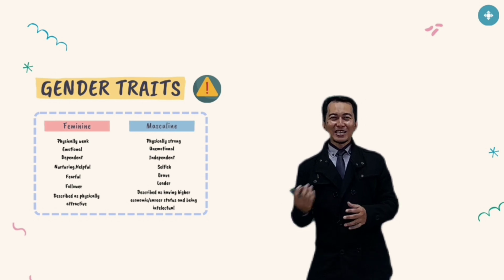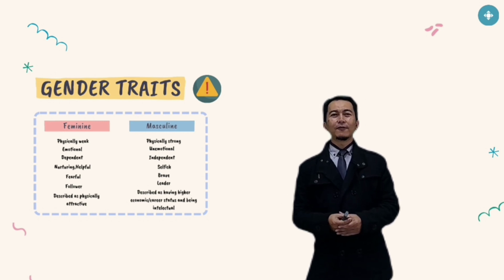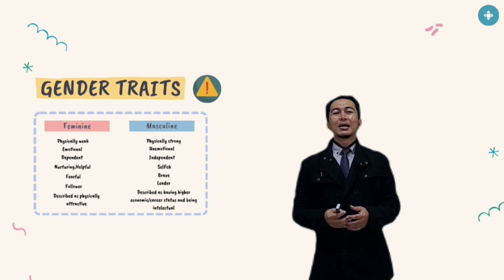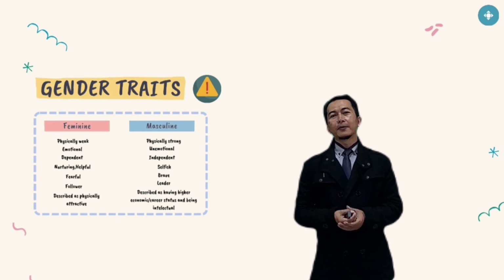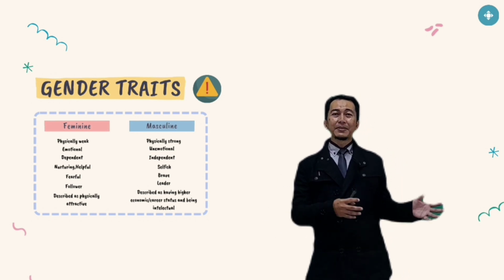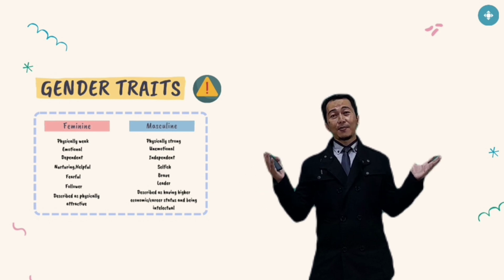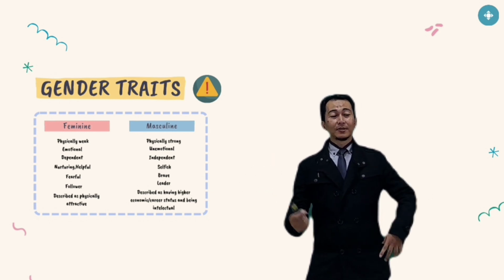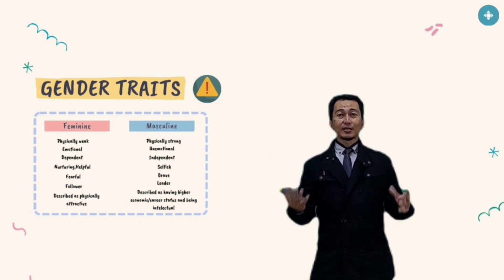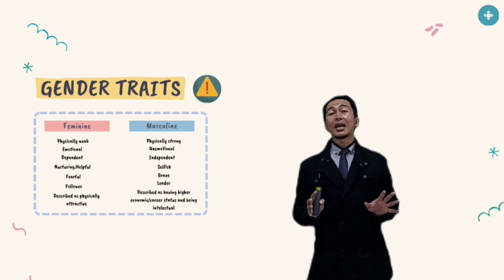Okay, and then the next one would be fearful. Fearful for women. So based on stereotypes, woman depends on man because she is fearful, and they say that man is brave. Okay, so that is the stereotype. Why do you have to know about these characteristics and stereotypes?